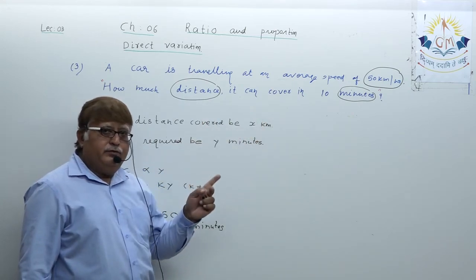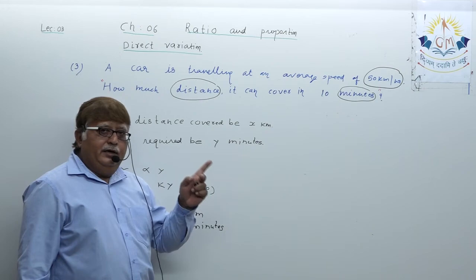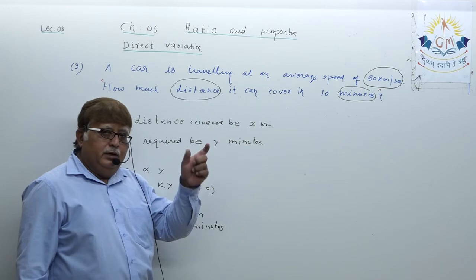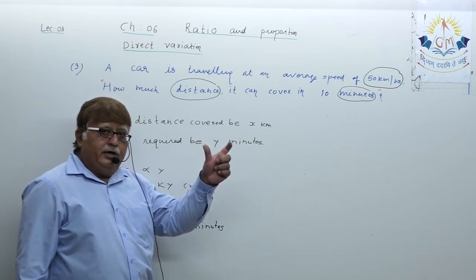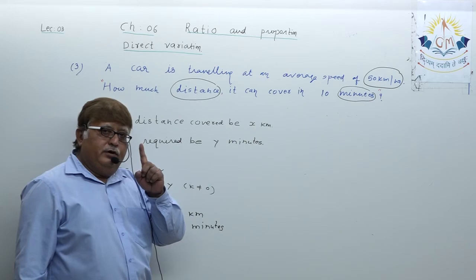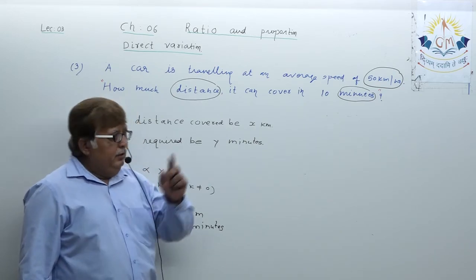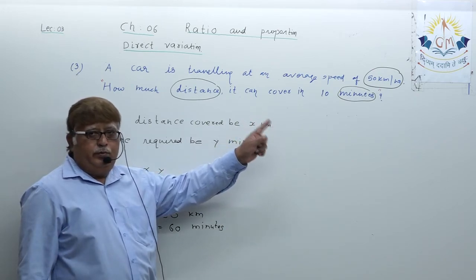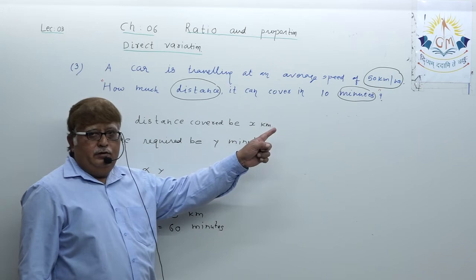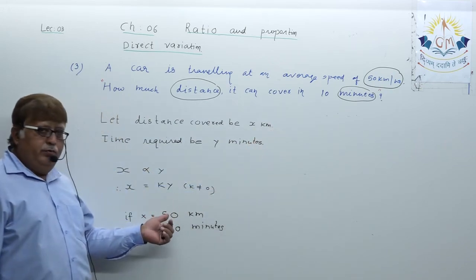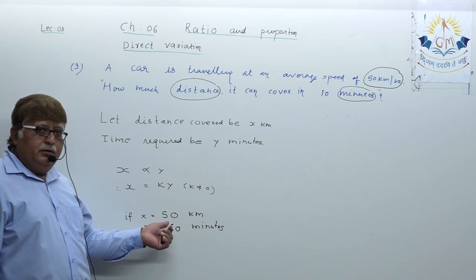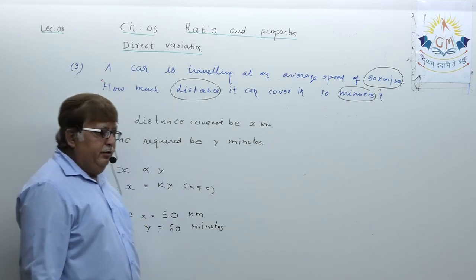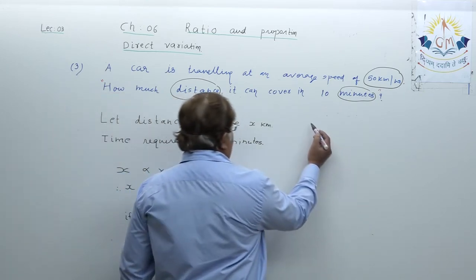In the previous example, I gave you two physical quantities in the first statement, distance and time, and you got one physical quantity, that is speed. Here I have given you speed, and from the given speed you got two physical quantities, distance covered and time taken. Let us continue.